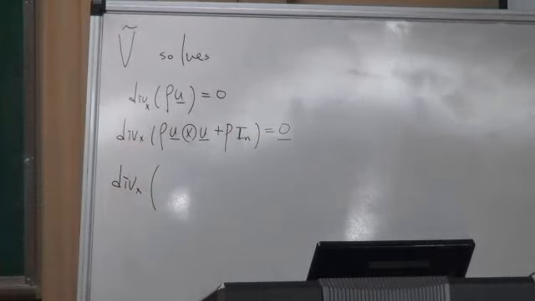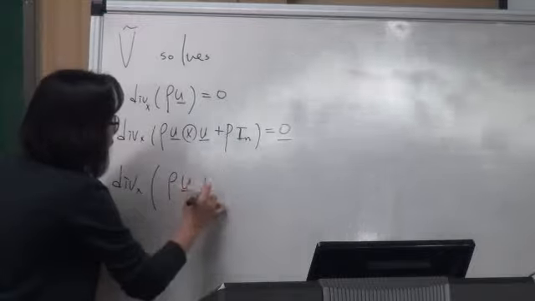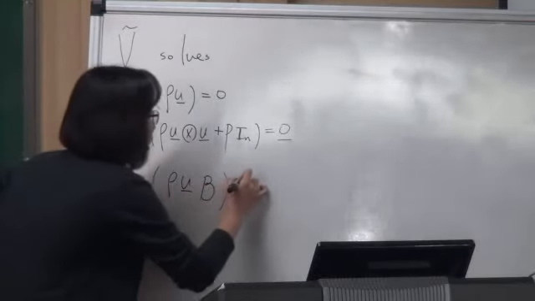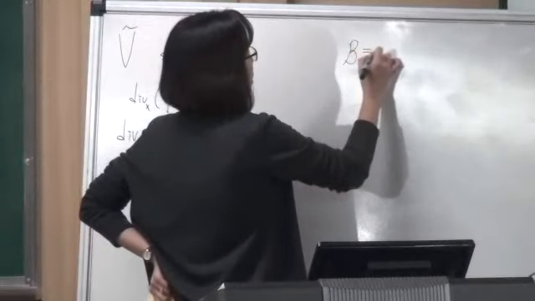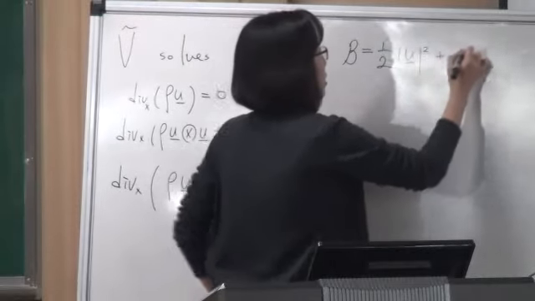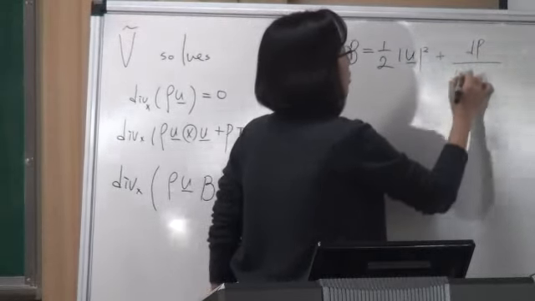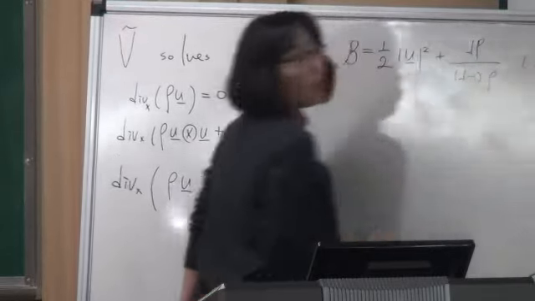Now, applying the definition of E plus the definition of small e, internal energy for polytropic gas, I have rho, u, and I'm giving a new symbol B, which is the following. Here B is 1/2 u squared plus gamma p over gamma minus 1 rho. And here gamma is assumed to be bigger than 1.